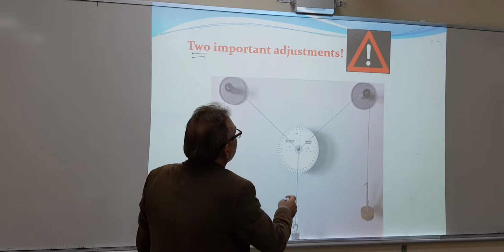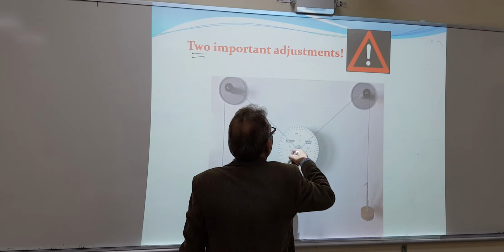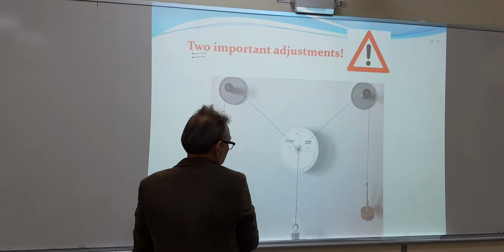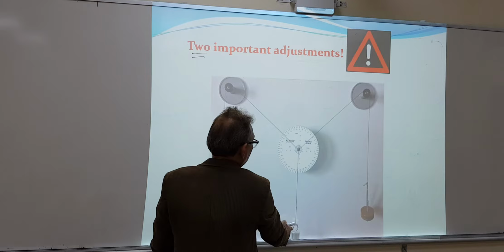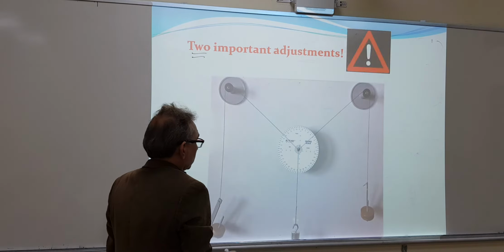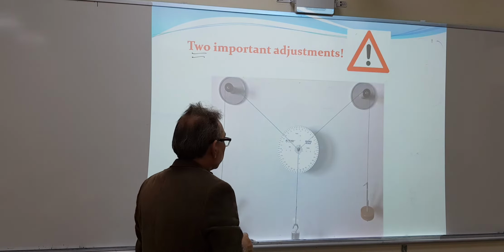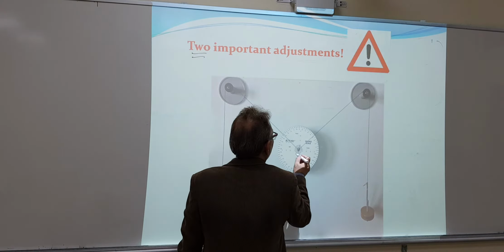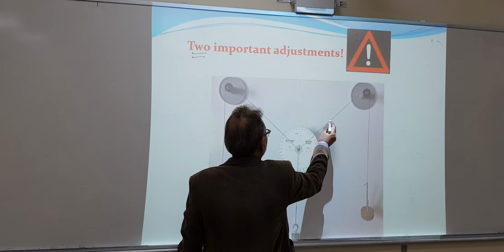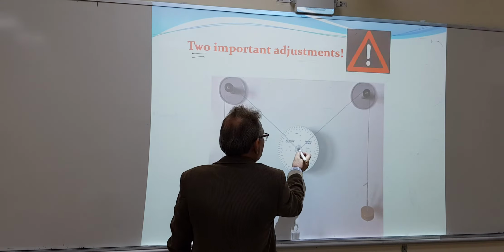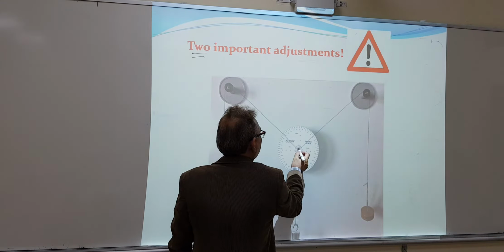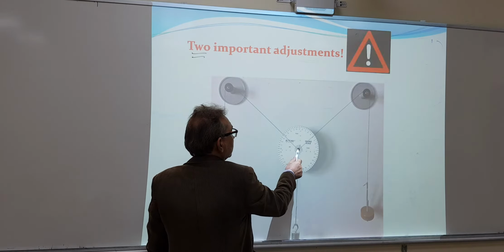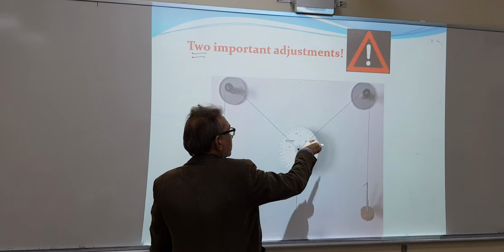First of all, you have this degree scale and these two pulleys, these two masses on the mass holder, and this is the unknown mass in the center. First, you have to make sure that this one thread, the second thread, the third, their junction should be exactly at the center of this degree scale.